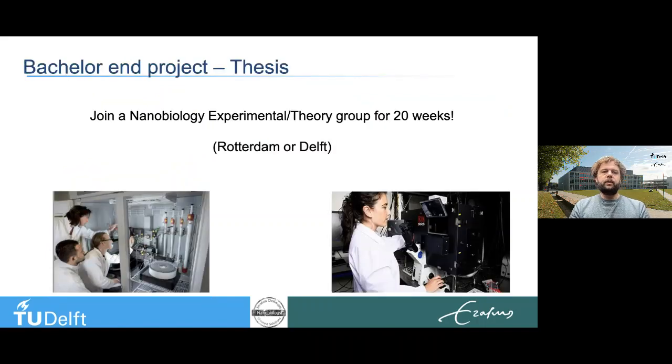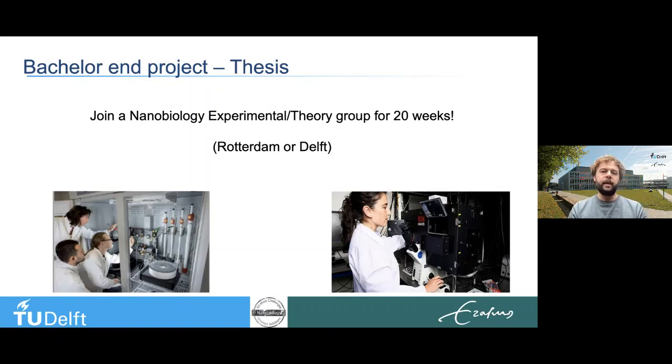And the 3rd year of nanobiology ends with a bachelor end project and writing your thesis. For a bachelor end project, you join a nanobiology experimental or theory group for 20 weeks. So note, all your teachers are also scientists and have their research groups, in which they study their favorite subject.